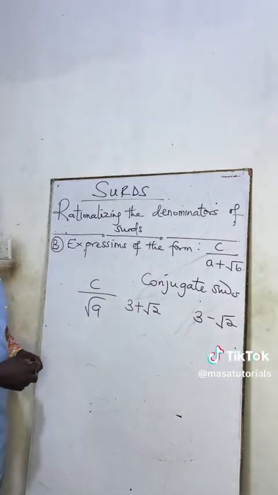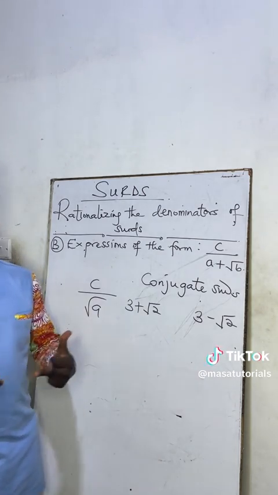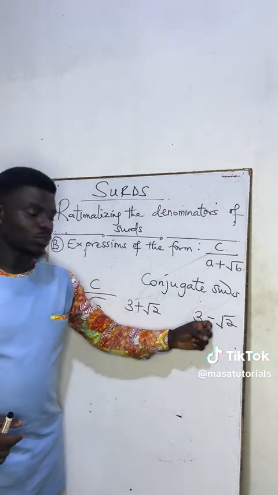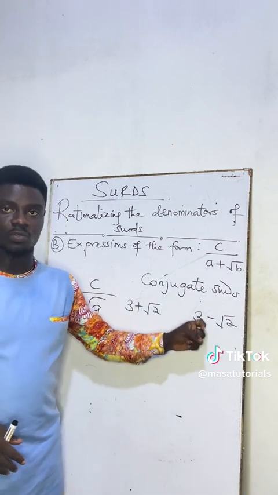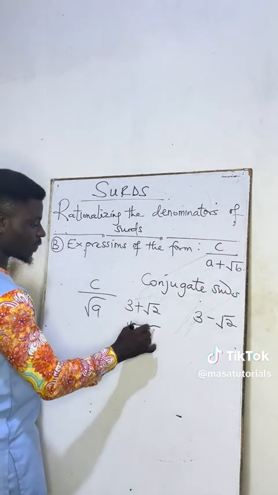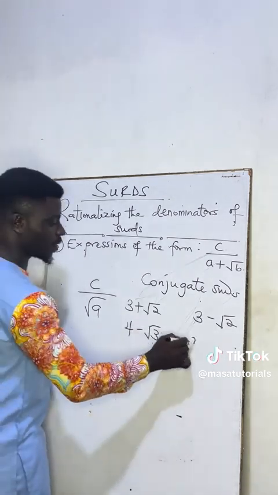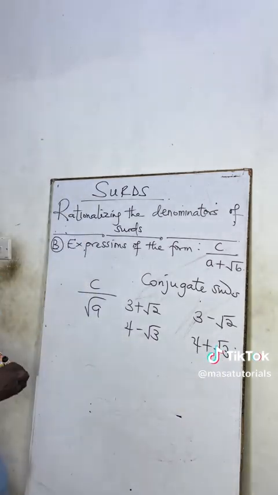So the sign connecting the two numbers will change to what? Negative. So if it is positive, it will change to negative. And likewise, if you have 4 minus square root of 3, if it is negative, it will change to what? Positive.